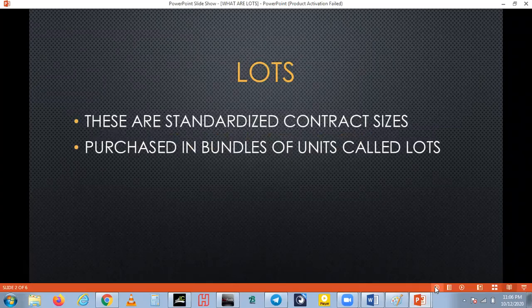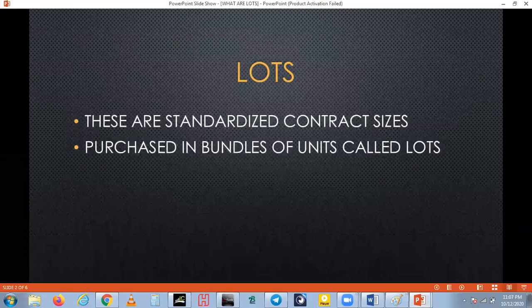These are standardized contract sizes purchased in units called lots.